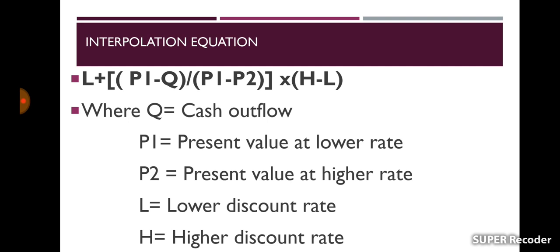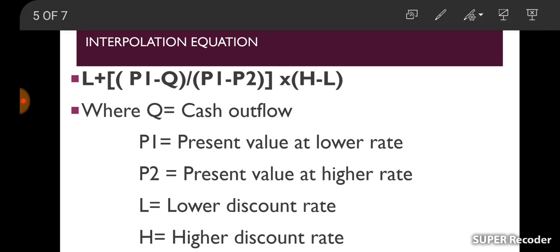Here, firstly, we are calculating P1 minus Q. P1 means the present value at the lower rate, that means the present value at 15% here. And Q means the cash outflow, that is 95 in this problem. And we are dividing this by P1 minus P2, where P1 is the present value at the lower rate and P2 is the present value at the higher rate.